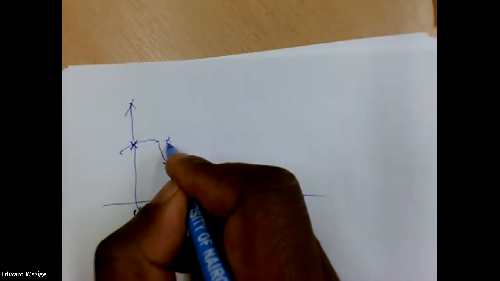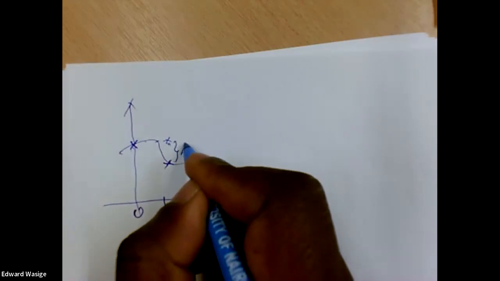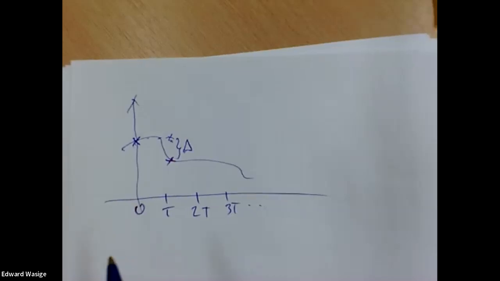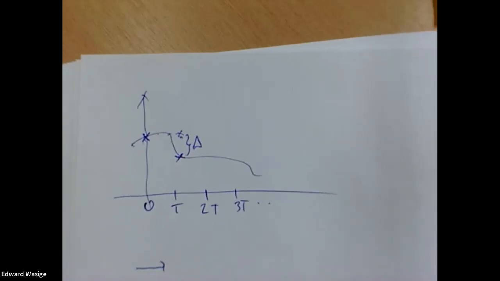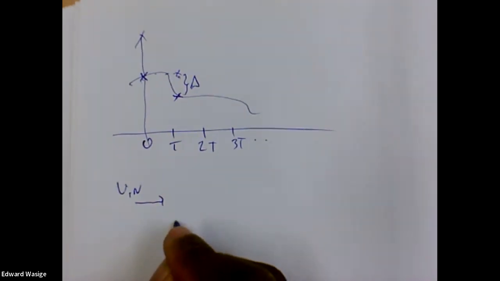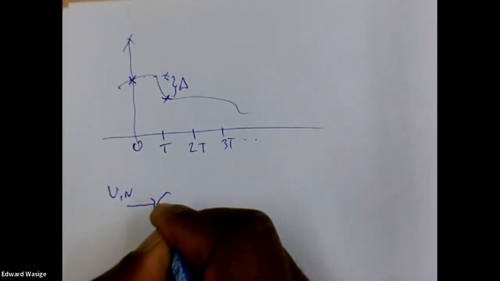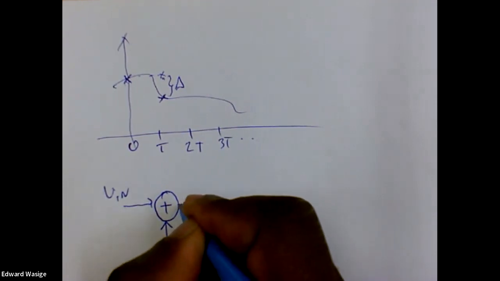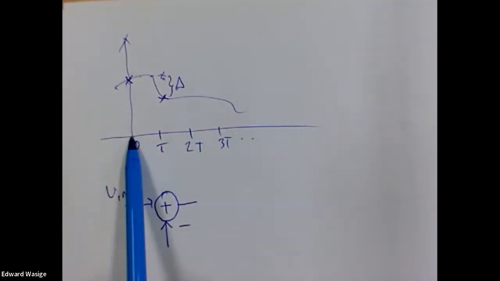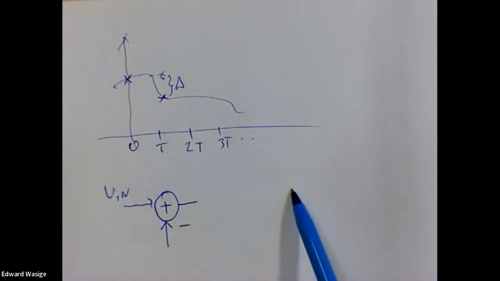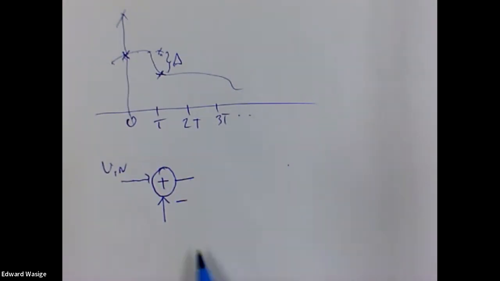So at this point, we have a difference between those two. If this is my V in, and my first sample is at time t equal to 0, this goes through the system, gets digitized, and is fed back here.